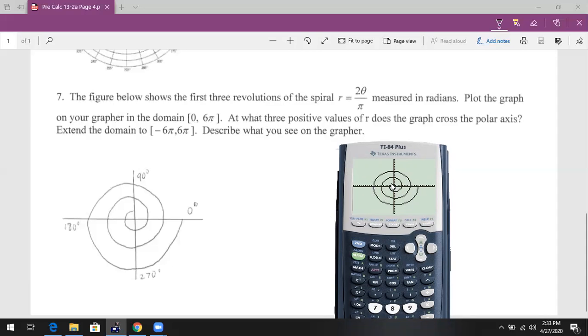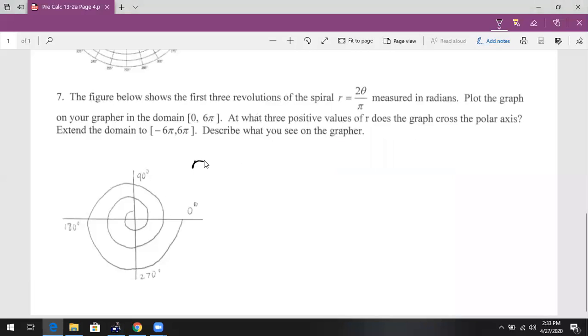Well, one complete revolution is 360 degrees, but when we're in radians, one complete revolution is 2 pi. That means our angle of rotation, which actually is what theta represents here, in radians is 2 pi.